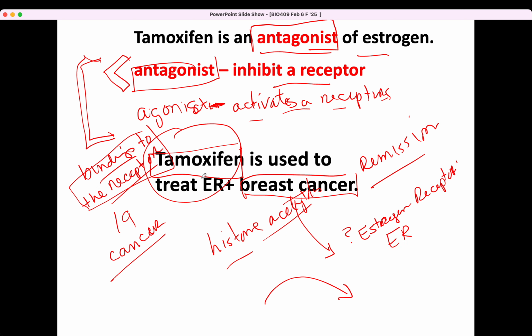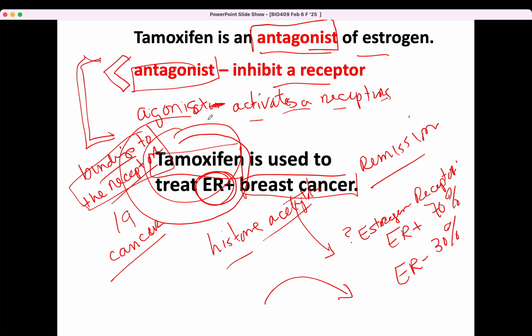And if they are, they say it's an ER positive cancer. So all cancers are either ER positive, and about 70% are, or they're ER negative, about 30%. And they use tamoxifen to treat ER positive breast cancer. They don't use it for this group because these people aren't expressing the estrogen receptor.